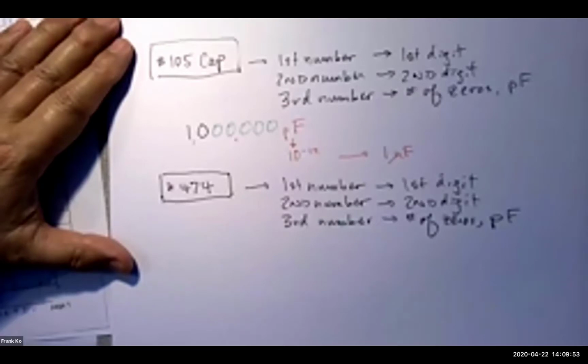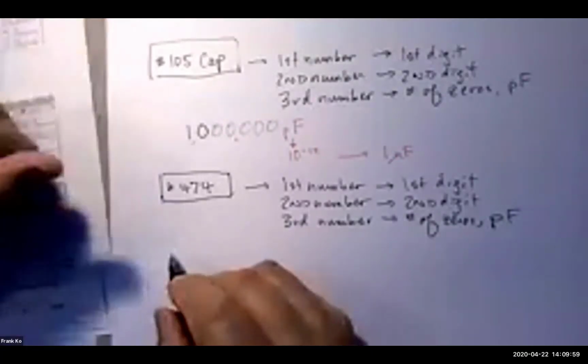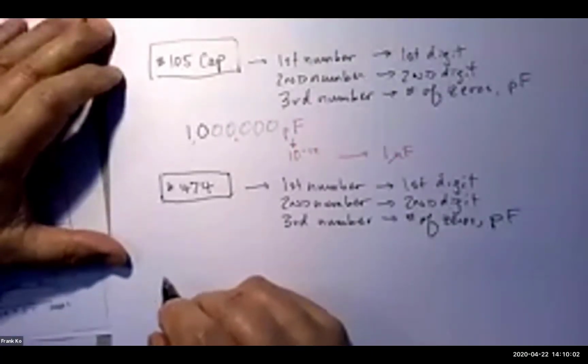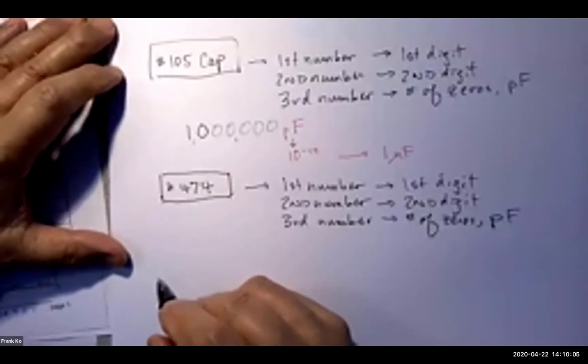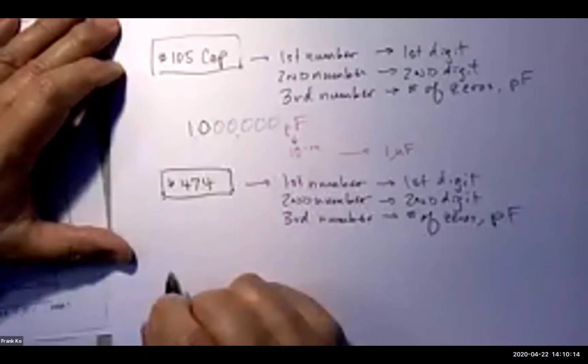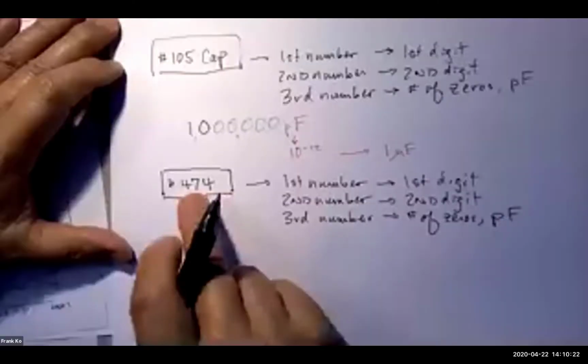So, Wenbin, help us out with this. How do I start writing my capacitor value? How do I interpret this as being some number of farads? What's the first thing I do? Can you give me the first digit, sir? 474.